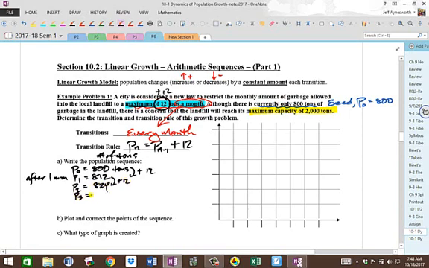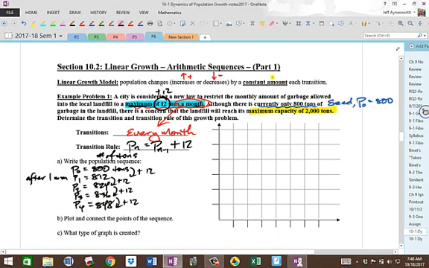After 3 months, or 3 transitions, you have 12 more tons in there. We're assuming we're putting in the maximum. So that's 836 tons. And after 4 months, there's 12 more tons in there. 836 plus 12 is 848. So 848 tons. You keep adding 12.